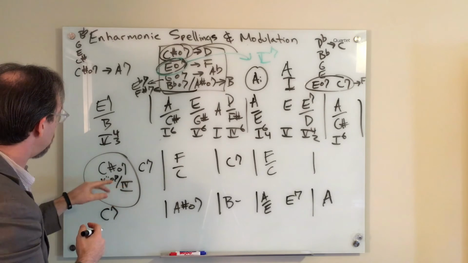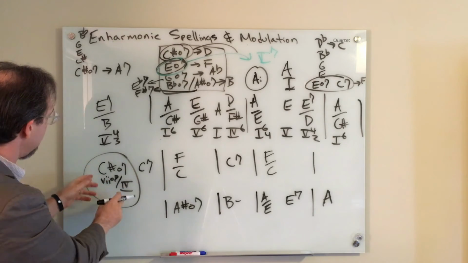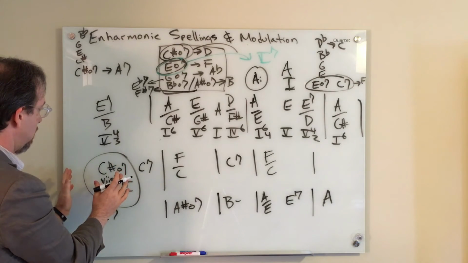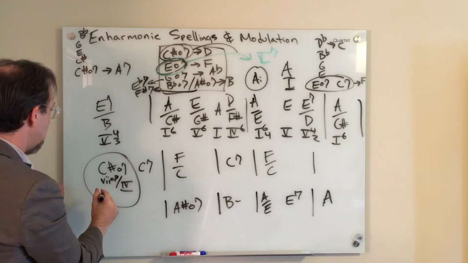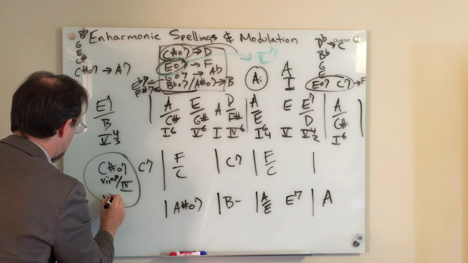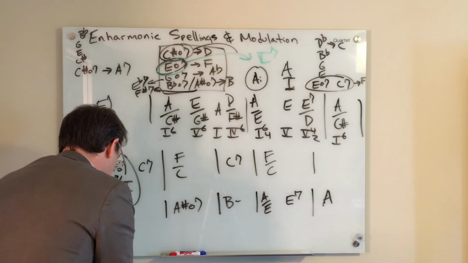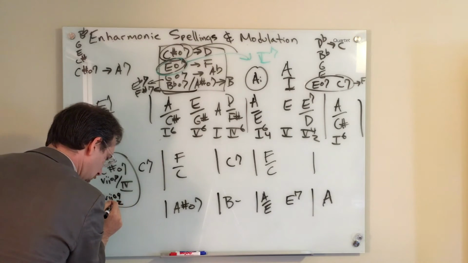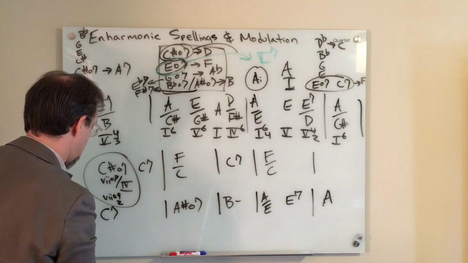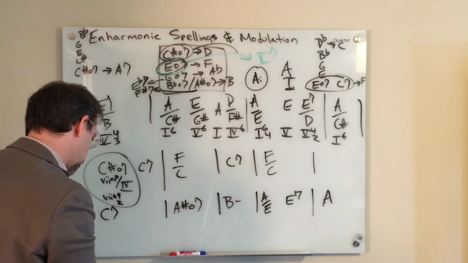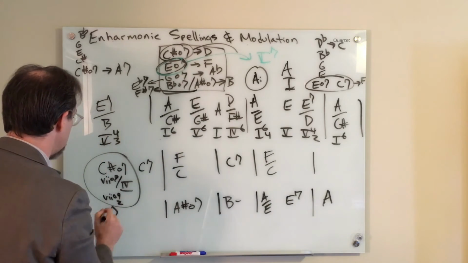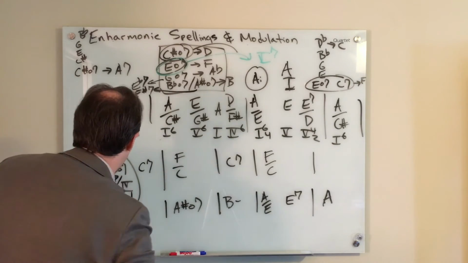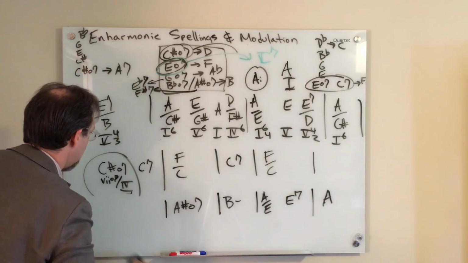We're really reinterpreting this 7 diminished 7 of 4 in our old key to become a 7 diminished 4-2 in our new key, which is F major. So let me move things around so this can be notated a little bit better.